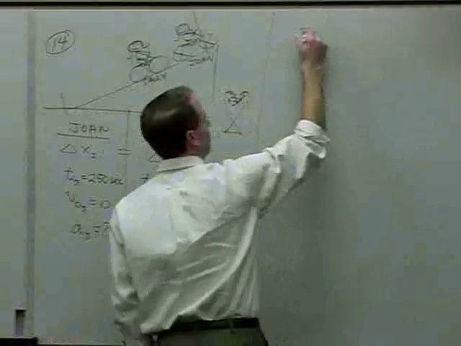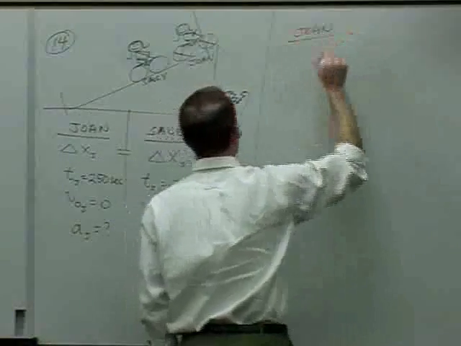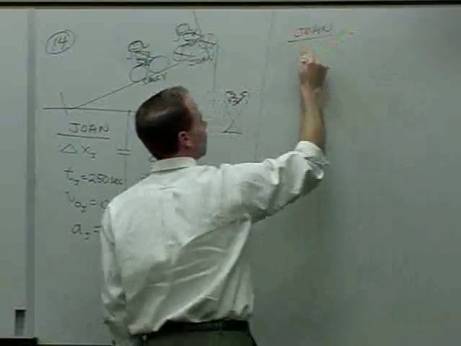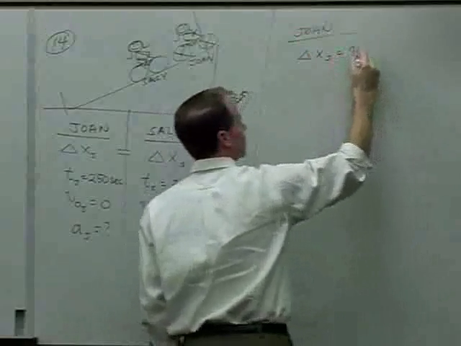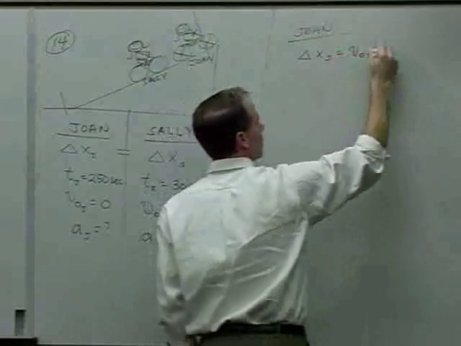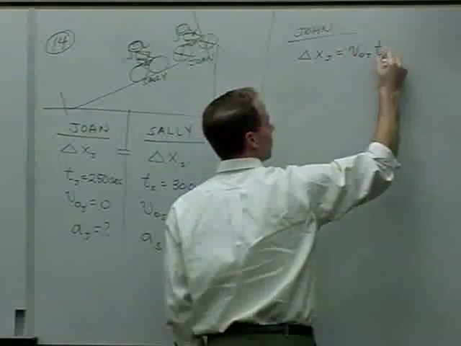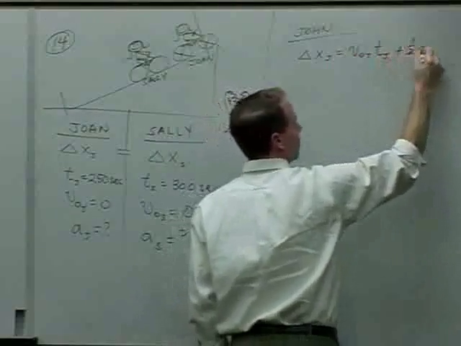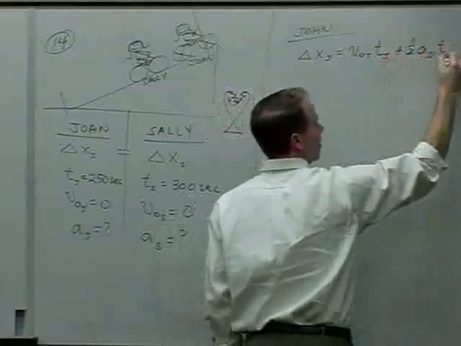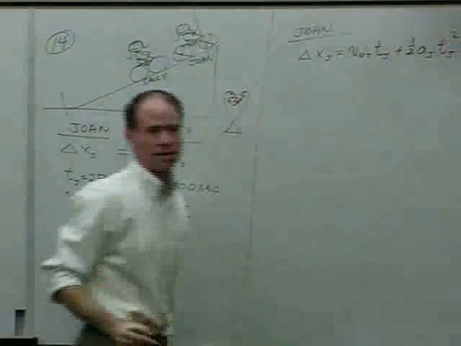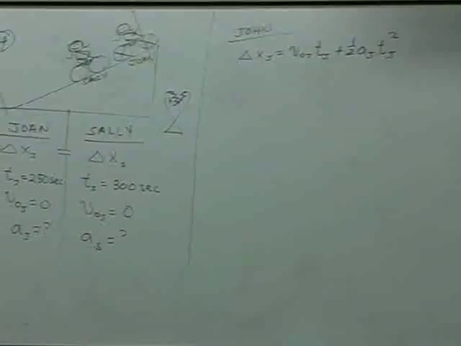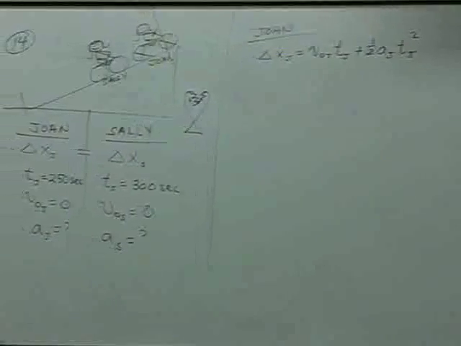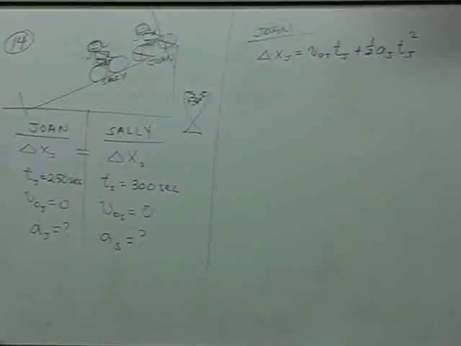If I look at Joan, I would have displacement for Joan equals initial velocity for Joan times time for Joan plus 1/2 acceleration for Joan times time for Joan squared. And in this case, acceleration is something we need to find, and it's independent of gravity per se because they're doing their own thing.